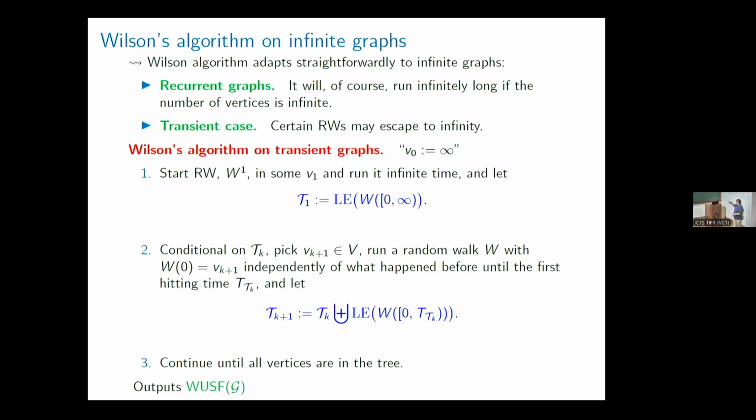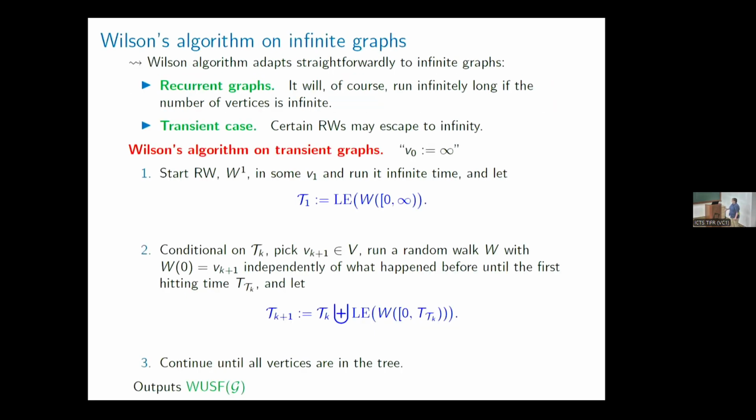And then, once you have hit the tree, you always loop erase, and then you just glue it together with the tree before, and you continue until all vertices are in the tree. Of course, this takes now infinite time if the tree is infinite, but this way, Wilson's algorithm is very neatly extended in a very natural way, and the good news is that the output is precisely the wired uniform spanning forest on G. Okay.